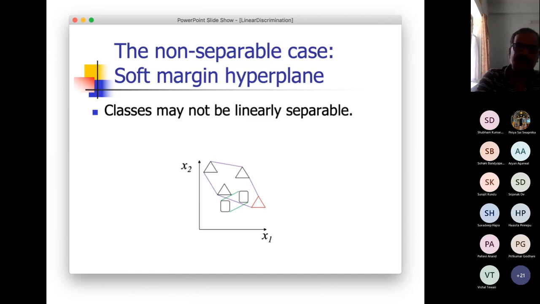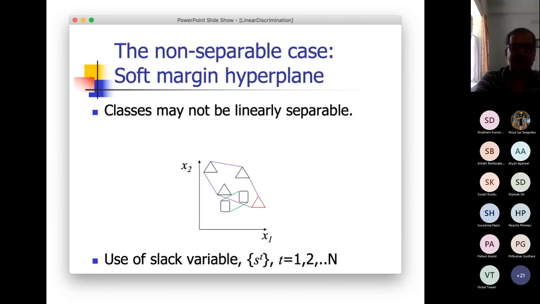Here, intentionally, I have shown a sample which appears to be intruded into the region of the other class by a different color, a red color, as you can see. In this case, we will be introducing some additional variables for each sample, called slack variables. Slack variables provide a tolerance from the margin that we are allowing when we are defining a hyperplane.